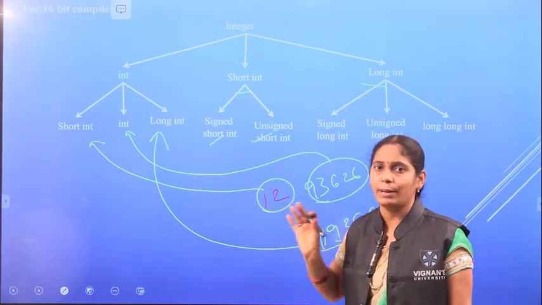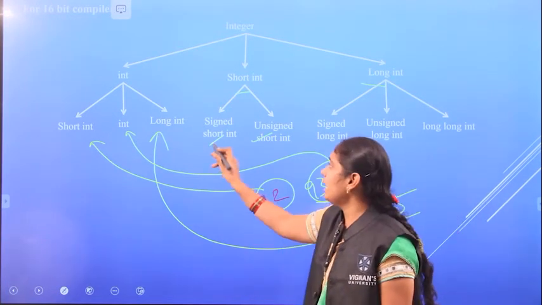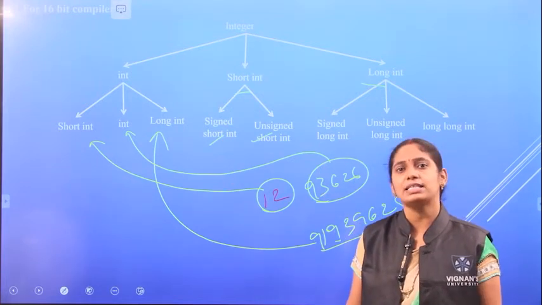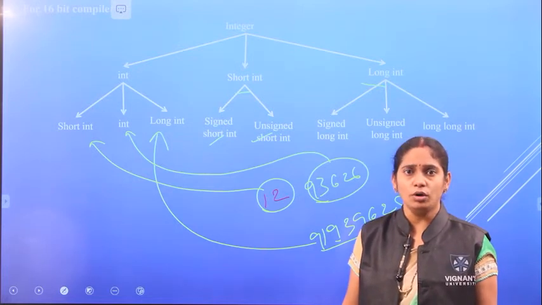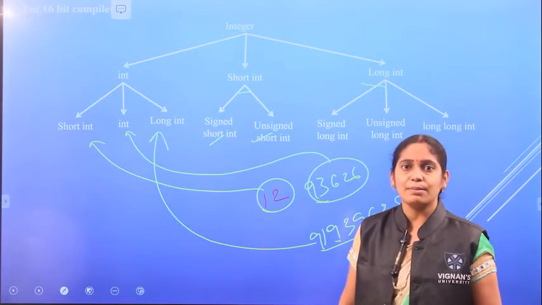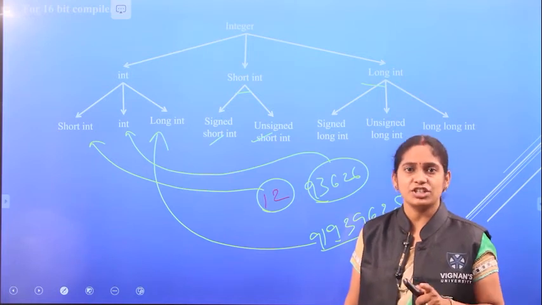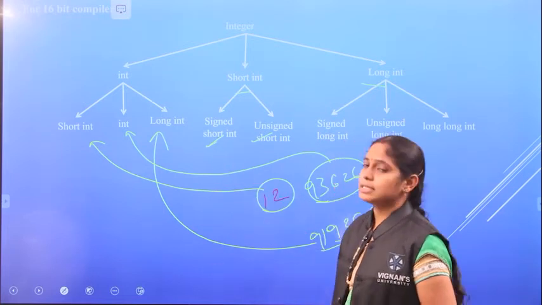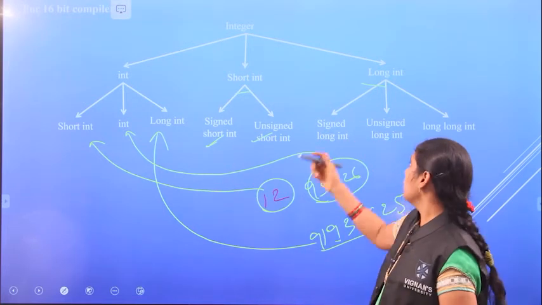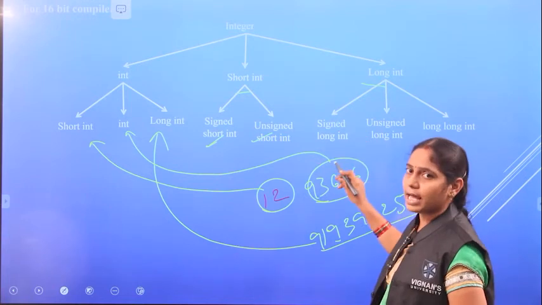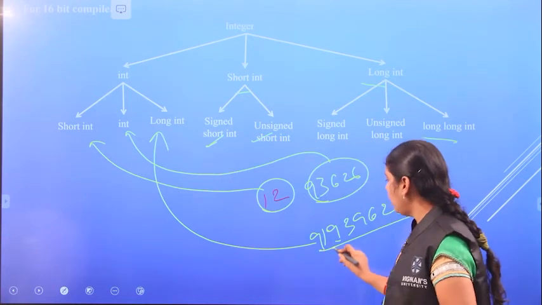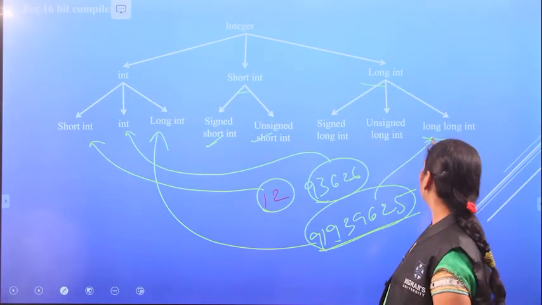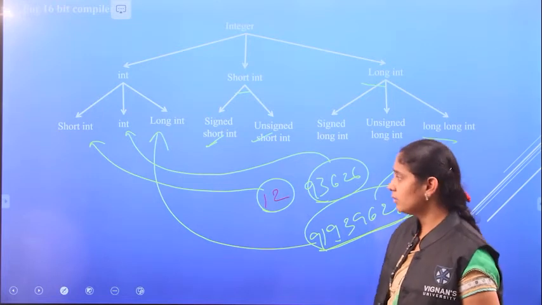Coming to signed form, as we discussed previously, while performing mathematical operations like 6 minus 9, we need to give the result as minus 3. In such cases, we should represent the sign, positive or negative. So we should move to signed form, signed short int. Likewise in long int also, signed and unsigned long int. If the value is more than this, then we'll move to a long.